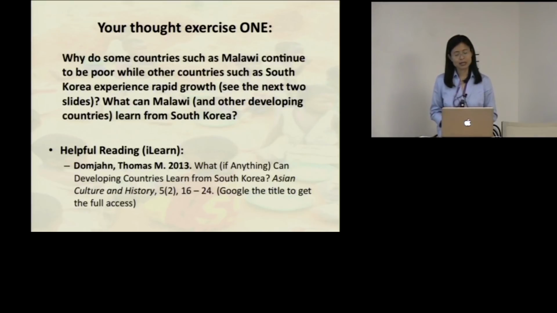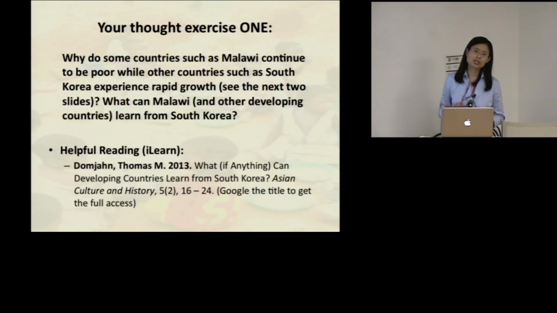The first one is related to world poverty, how we reduce world poverty, or how we should help some countries to reduce poverty. In the textbook, they spend quite a bit of time talking about Malawi versus South Korea.